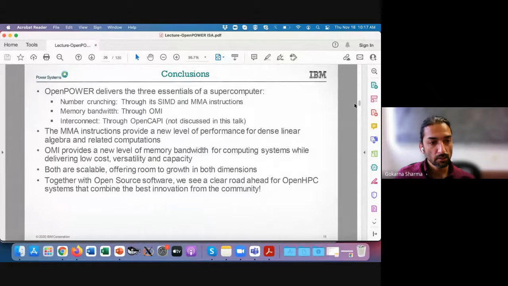Memory bandwidth, so open memory interface. So there is an open memory interface. We'll talk tomorrow when I talk about Power 10. You will see what they are doing related to memory bandwidth. Also about interconnect, you are going to see what they are doing about accessing the elements, reducing the latency there.